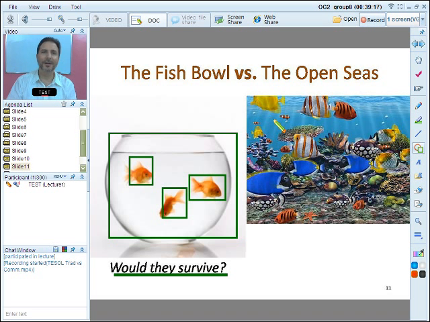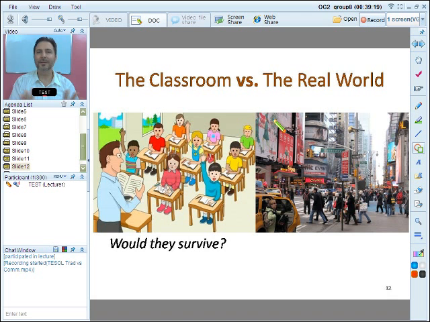Now, let's equate this to the classroom and the real world. Interesting. I bet this guy is a wonderful teacher. Nice guy. He treats his students very well. Students get good grades in his class. He's really, quote unquote, a great teacher.